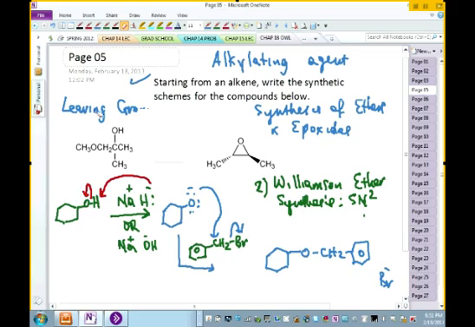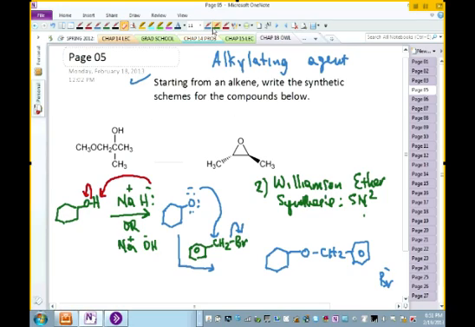So for example, we could simply just do this. We simply do this. Okay, step 1, sodium hydride. And then step 2, I could add, in this case I use iodide.